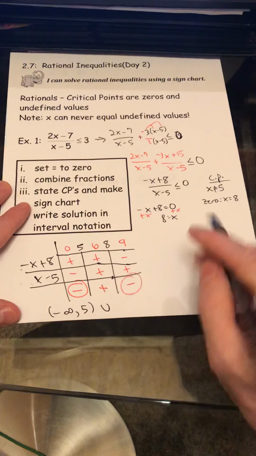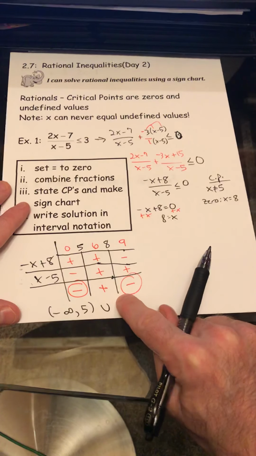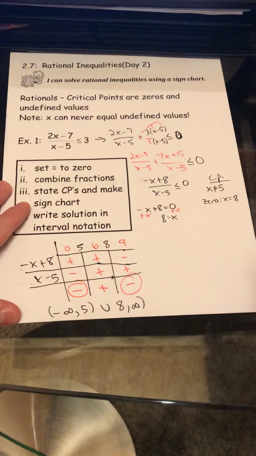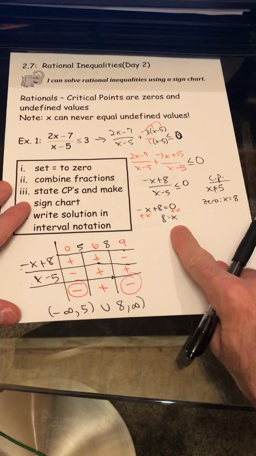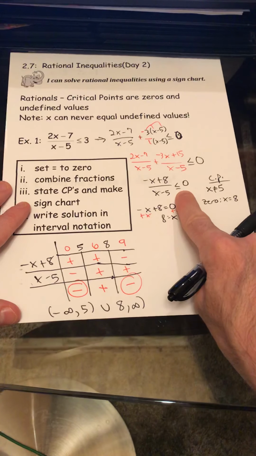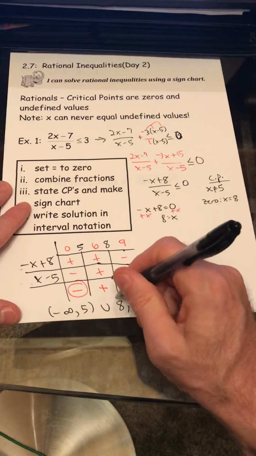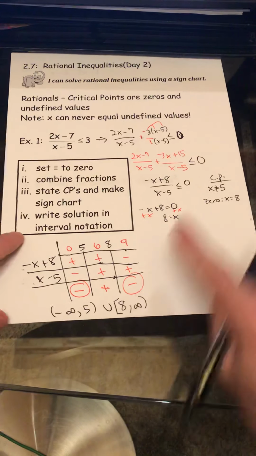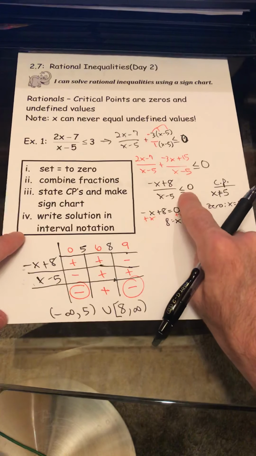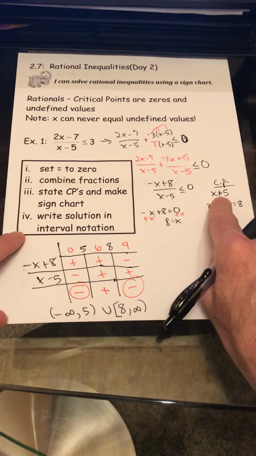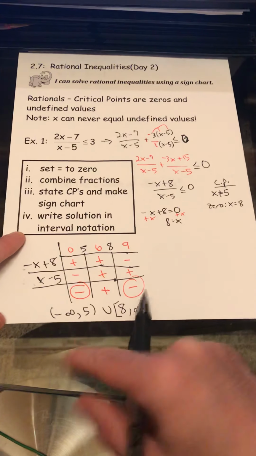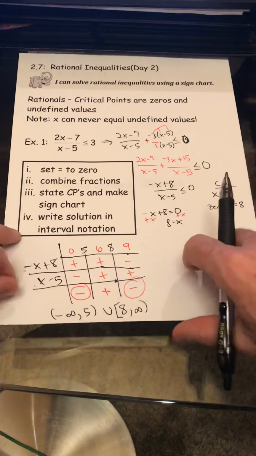Then our next interval starts at 8 and goes to positive infinity. Now, here is the key thing. Less than or equal to 0, I am going to use a bracket around the 8. So, when it's a 0, you do need to pay attention to that. When it's a restriction, it's automatically parentheses. So, there is an introductory example.